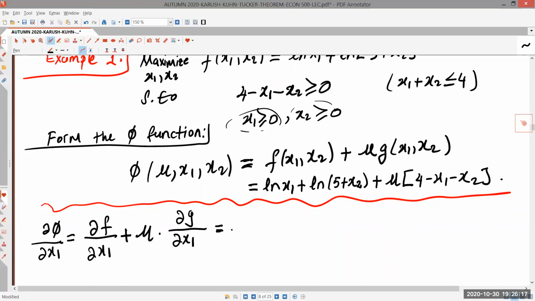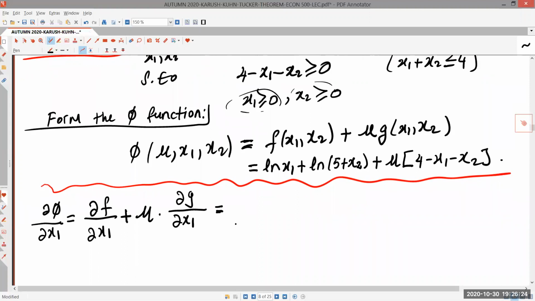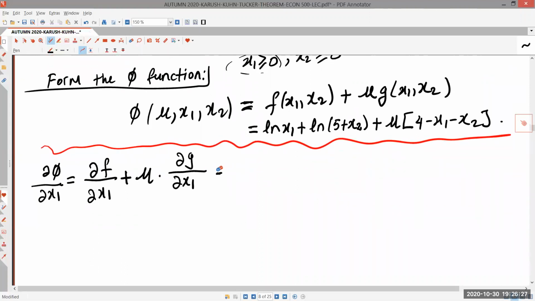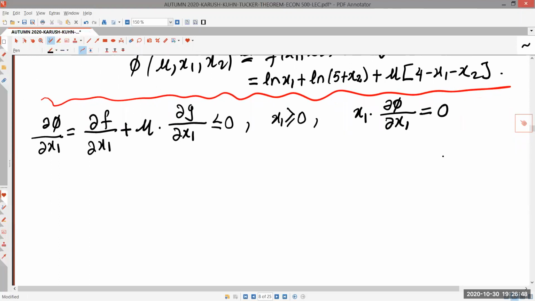Less or equal to 0. This is what we want. If I write those conditions and then their equivalent forms, we require that this will be less than or equal to 0. We also require that this x1 variable is either 0 or greater than 0, and the multiplication of these two, this derivative and x1, must give us 0, right? We just repeat this for the second variable.